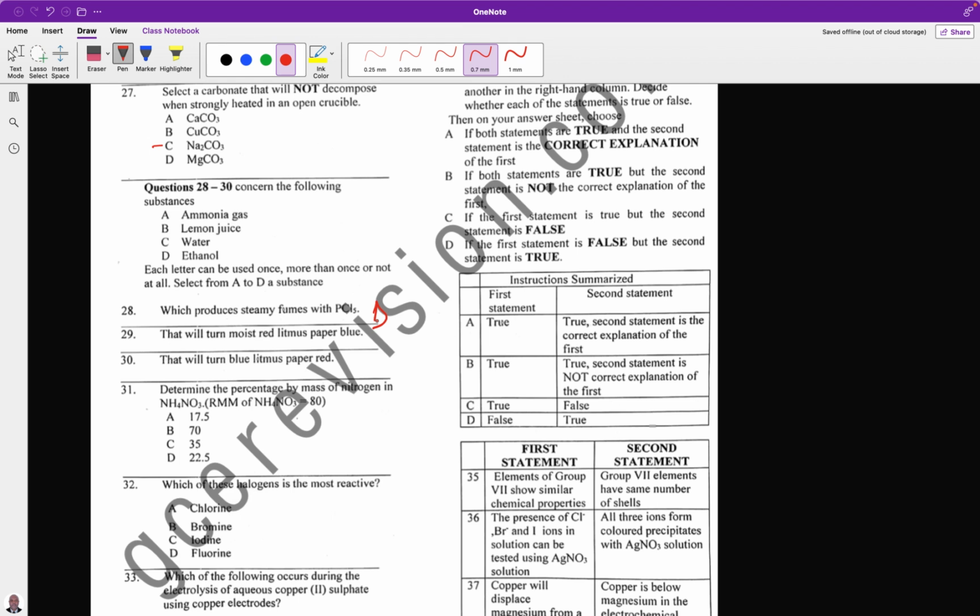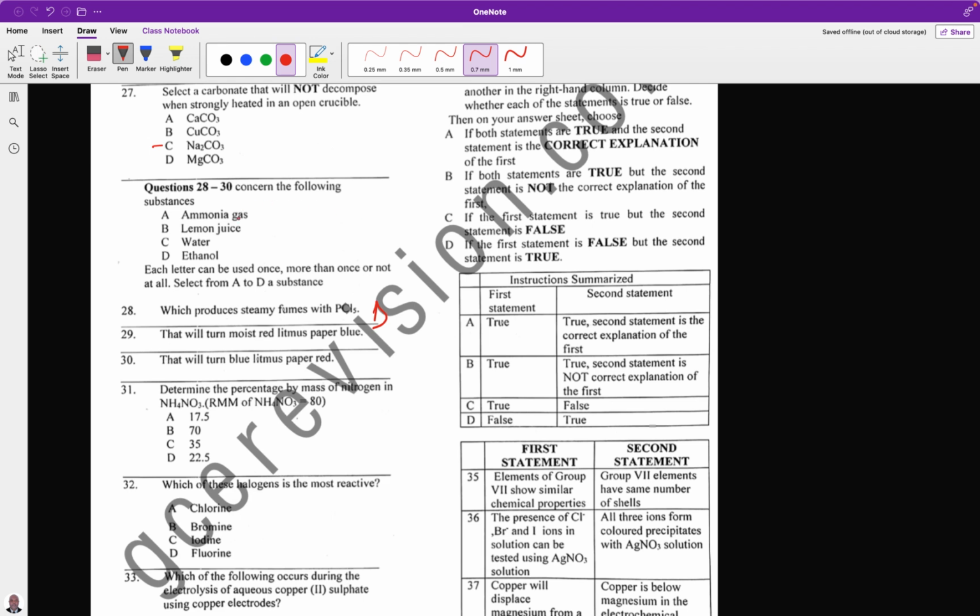29. Select from A to D a substance that will turn moist red litmus paper blue. What will turn litmus paper blue will only be an alkaline substance.